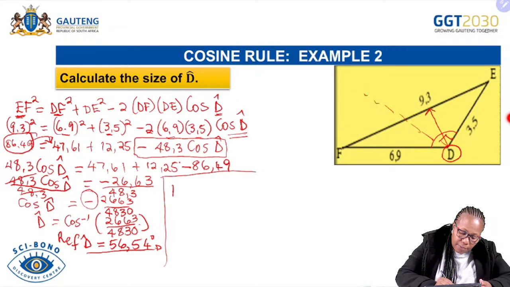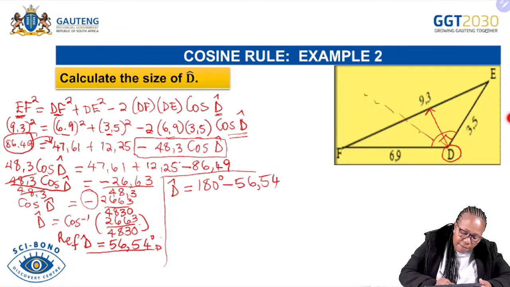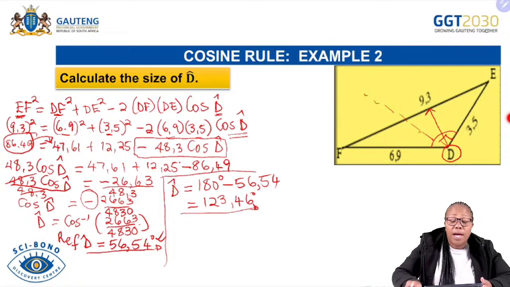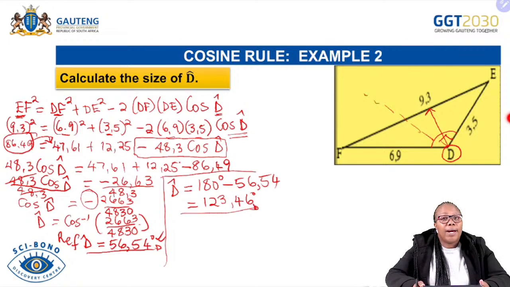Therefore for D, we look at the quadrant where it is negative, the second quadrant. We are having a reduction, 180 minus our reference angle, which is 56,54 from our calculation there. And therefore this is giving us 123,46. That will be our actual value of angle D.